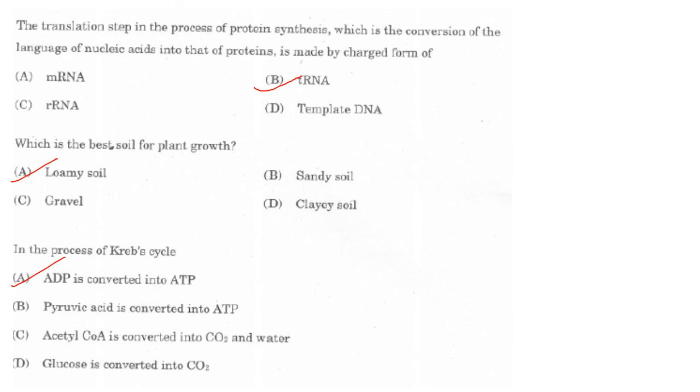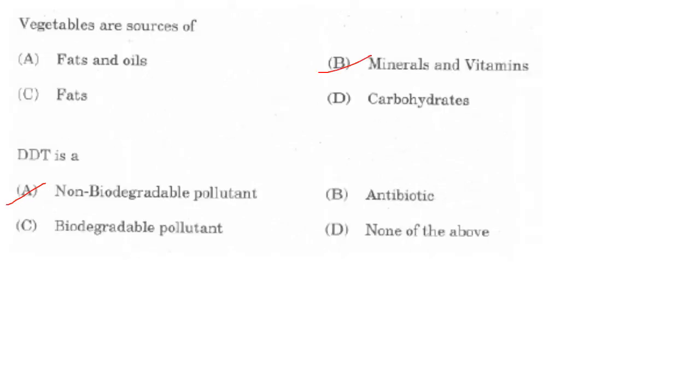So answer is option A, ADP is converted into ATP in Krebs cycle. Now next one. Vegetables are source of minerals and vitamins. Answer is option B. DDT is a non-biodegradable pollutant. Answer is A. So with that we end this question paper.